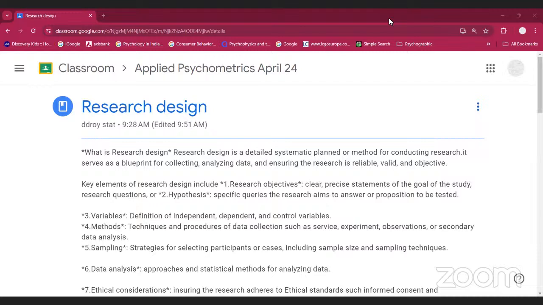Number 3 is the variables. Please read it. Variables, definition of independent, dependent, and control variables. What do you mean by the control variables?